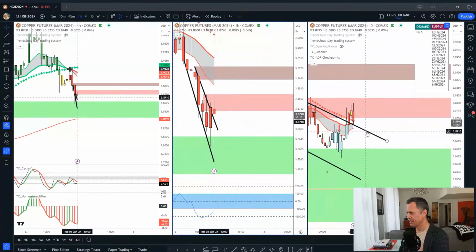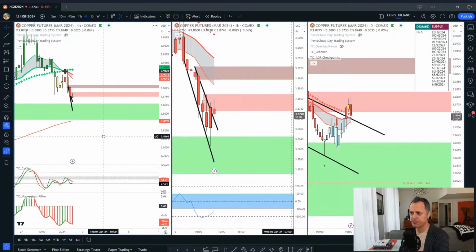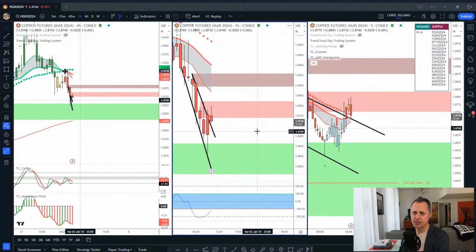Now it's making its move down. Is it going to find support and then go up? Or is it going to break through? We don't know. But trading is all about fast, rapid profits, right?